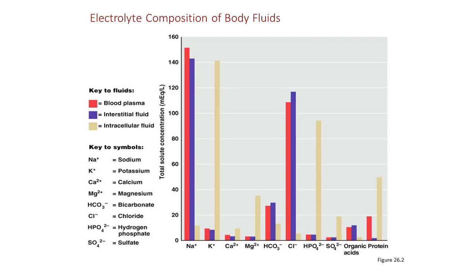So again, you see that in the extracellular compartment, sodium has a high concentration as opposed to the intracellular compartment, and in the intracellular fluid we have much more potassium than in the extracellular fluid. And again, chlorine is much higher in the extracellular fluid than in the intracellular space, and phosphate, which is HPO4 2-, is much more on the inside of the cell than on the outside of the cell.